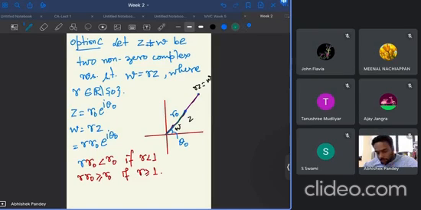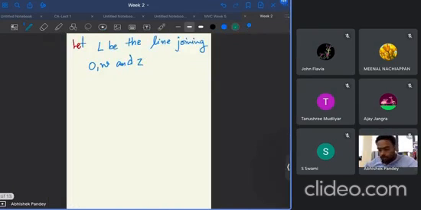It depends upon r. If r is greater than or equal to 1, it will map Z to somewhere here. If r is less than 1, it will come here. If it maps here, then we will consider this line L, and if it maps here, then we will consider 0, W and Z, only this line. Okay. Is it clear?